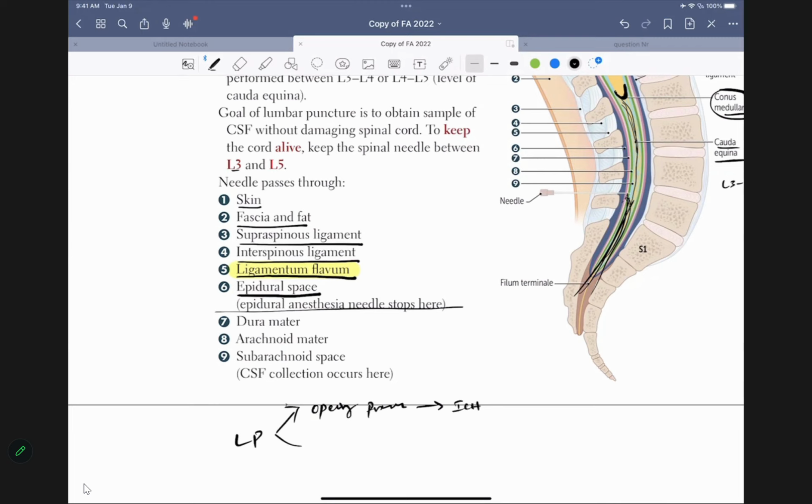Second reason we do lumbar puncture is for cell analysis, like a culture, looking for WBC, all these different things. That's cell analysis. Is that clear, folks? So when do you do cell analysis? When you suspect meningitis. When you suspect meningitis, you do cell analysis, okay? You will learn more in Step 2 CK, but you should know at least lumbar puncture is done for two reasons. Is everybody clear, folks?